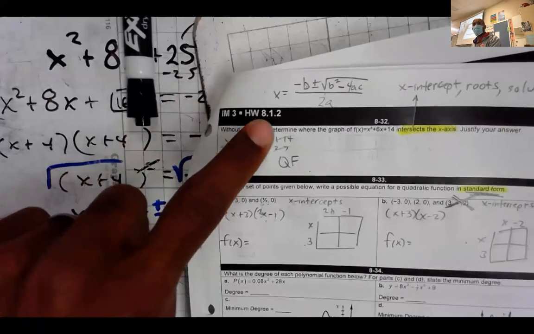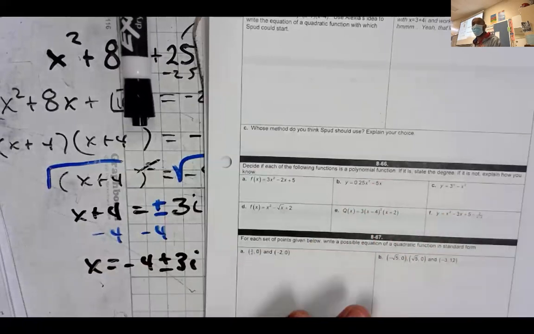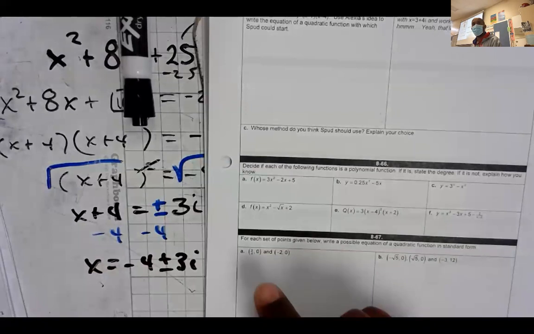This was from 8.12, so look back at that one to figure out which of these in today's assignment is and is not a polynomial.